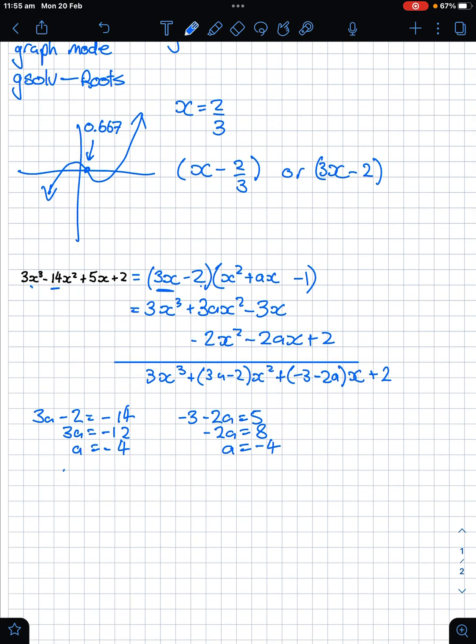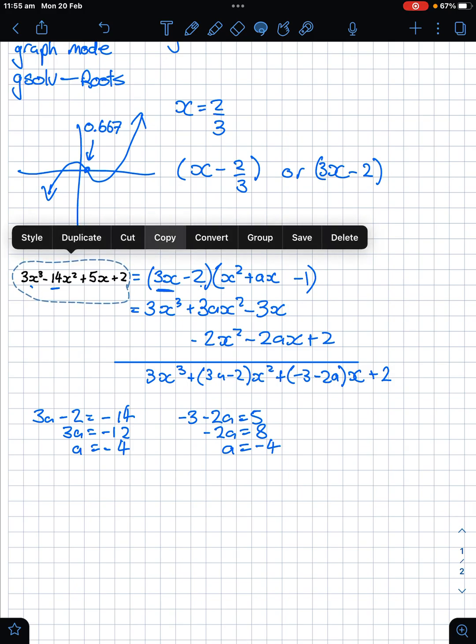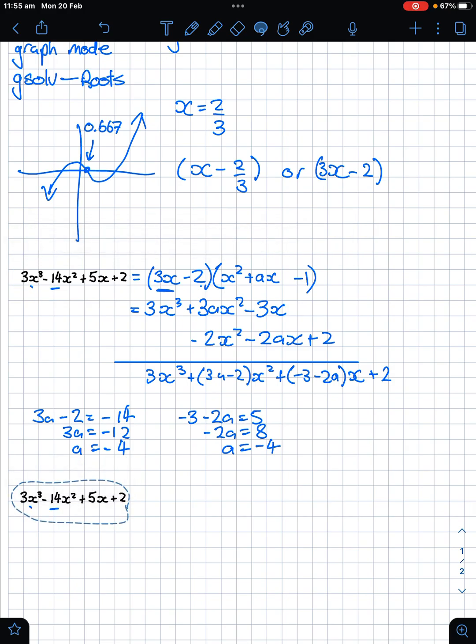So far we've found this polynomial here, so we'll copy and paste that down here. And then this thing equals 3x minus 2 bracket x squared minus 4x minus 1.